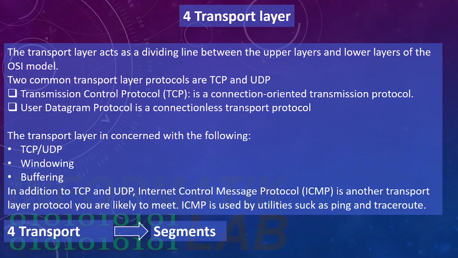The transport layer is concerned with the following: TCP/UDP, windowing, and buffering. In addition to TCP and UDP, Internet Control Message Protocol (ICMP) is another transport layer protocol you are likely to meet. ICMP is used by utilities such as ping and traceroute. So the transport layer is segments.